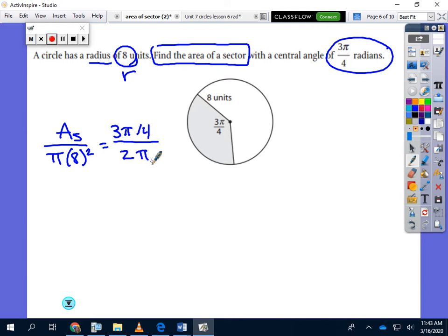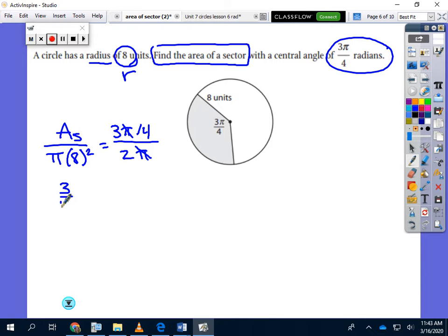Well, notice if I'm given the angle in radians and it has a pi in it, these pi's will cancel out here. So now I've got 2 times the area of the sector equals 3/4 times this. And I know it's going to be this times this divided by this when I finally end up with my answer.